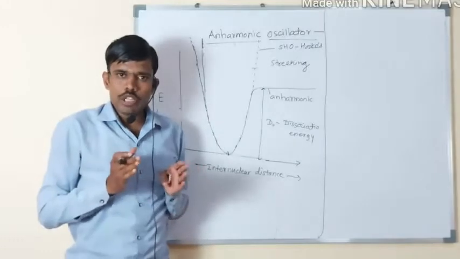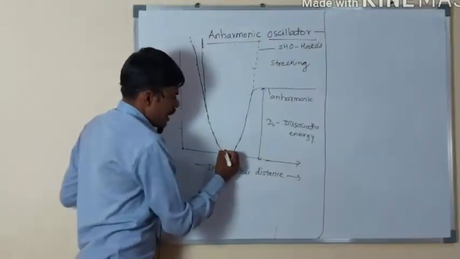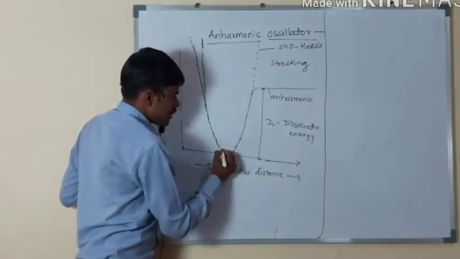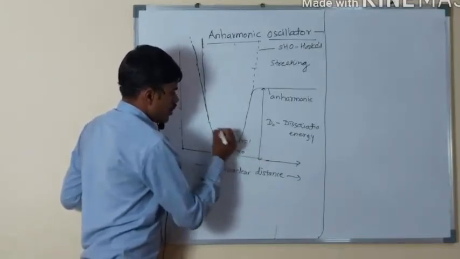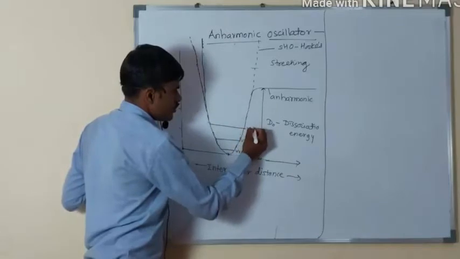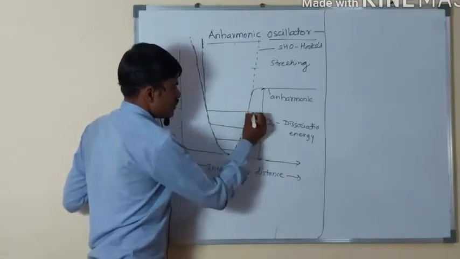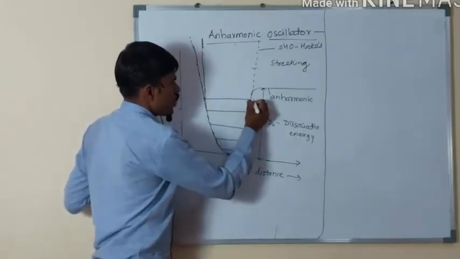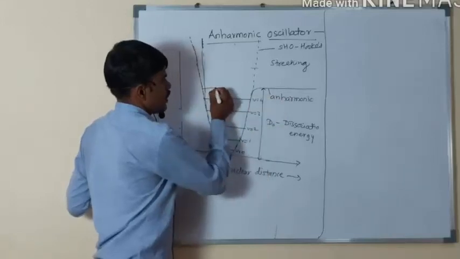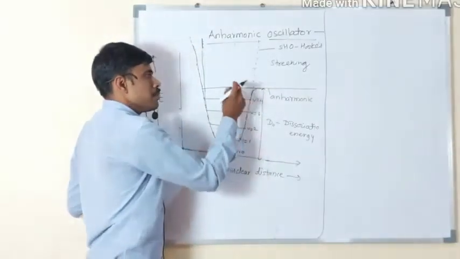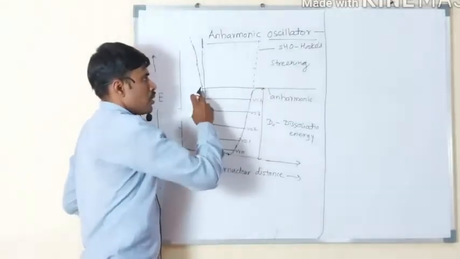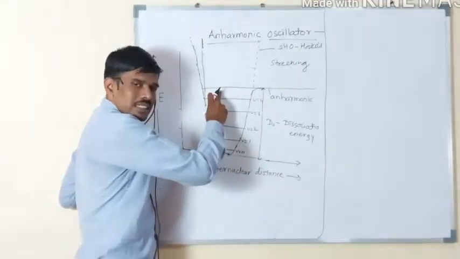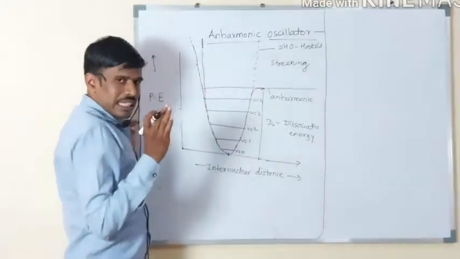So the vibrating molecule contains different energies, that is v equal to 0, v equal to 1, v equal to 2, v equal to 3, v equal to 4, and so on. After this point, this is the vibrational state at which dissociation of bond takes place.